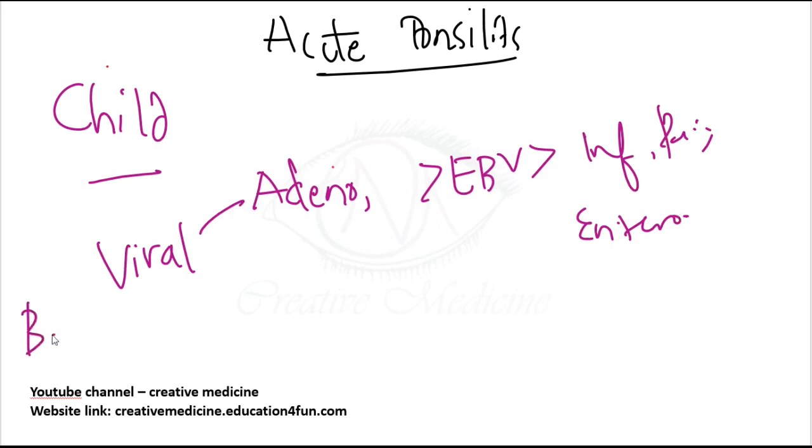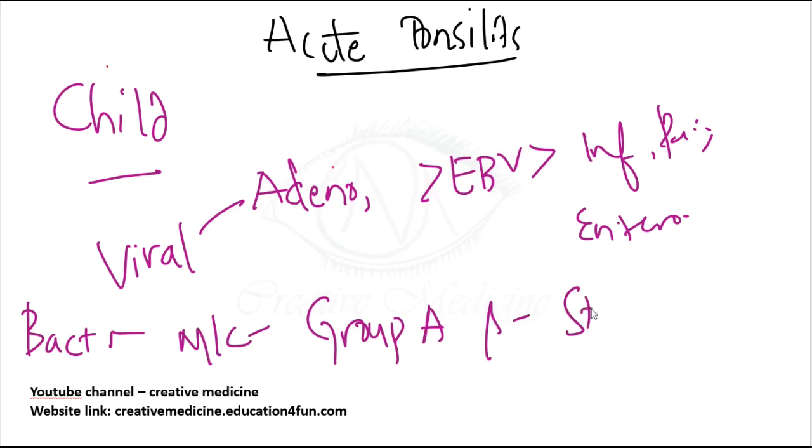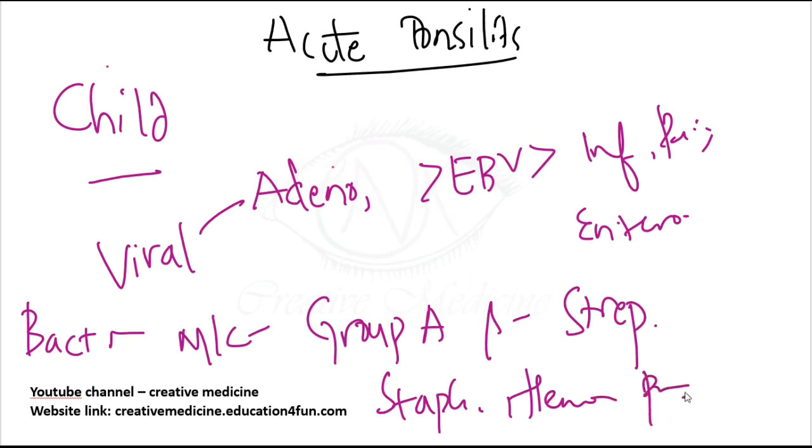It can also be caused by bacterial infections. The most common bacteria involved is group A beta hemolytic streptococci. The others which can also be involved are staphylococcus, Haemophilus and pneumococcus.